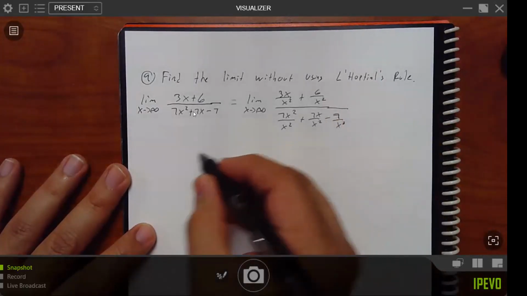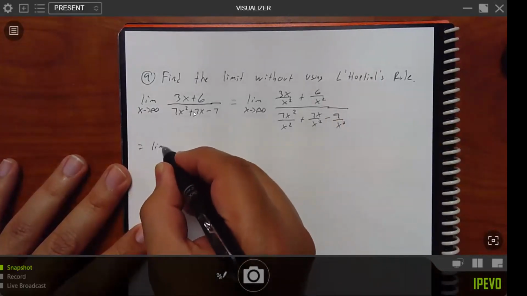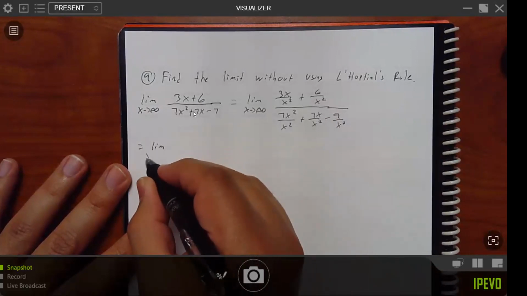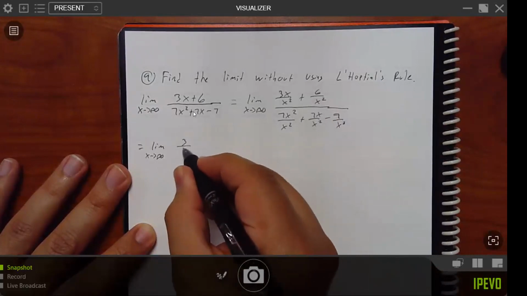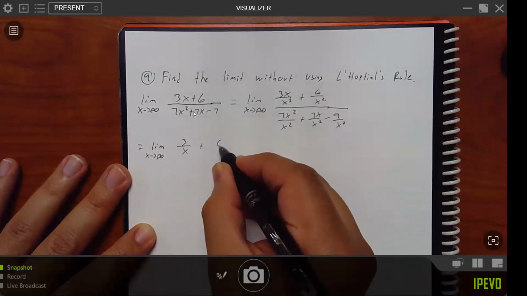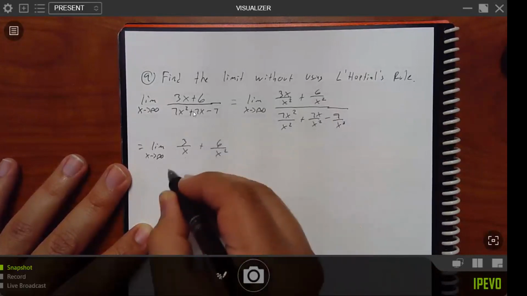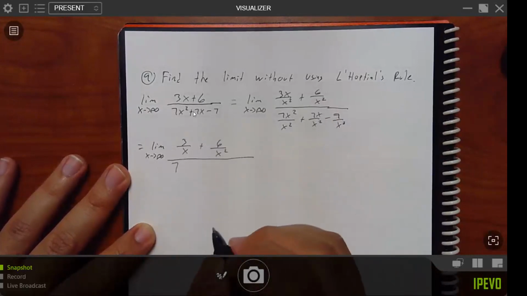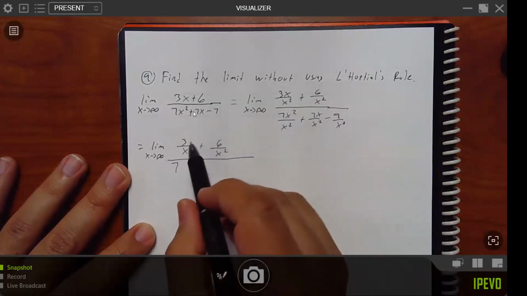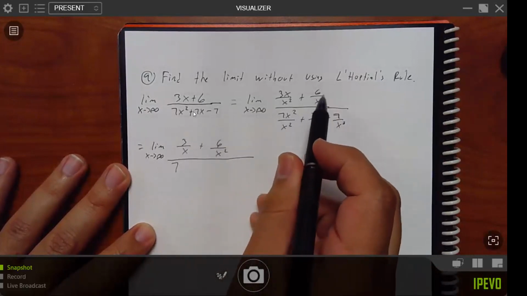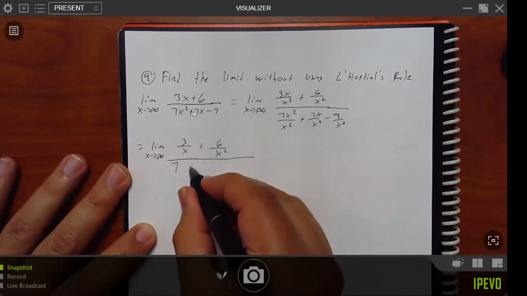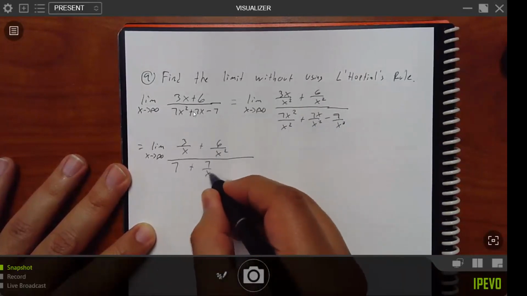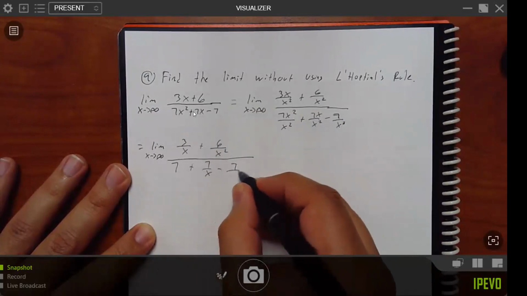So that will give us, right, this reduces to 3 over x. This reduces to, let's just say the same. This reduces to 7, and this reduces to 7 over x minus 7 over x squared.